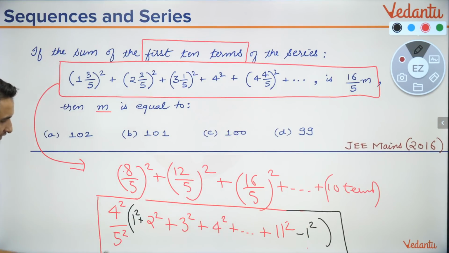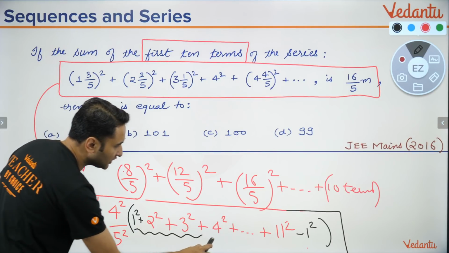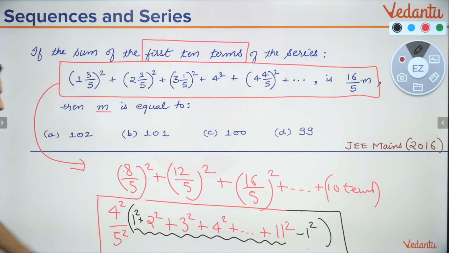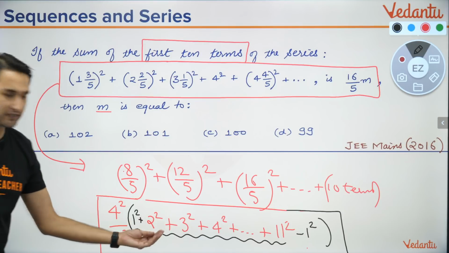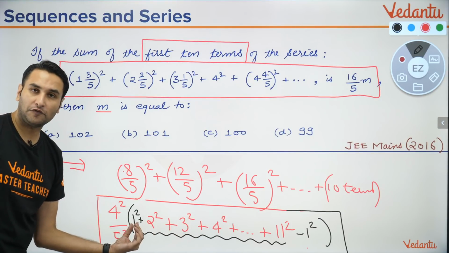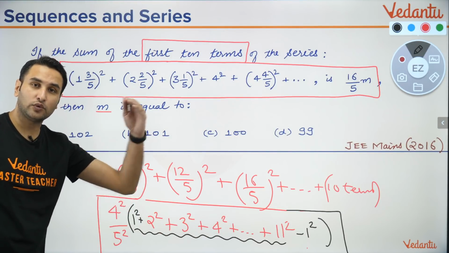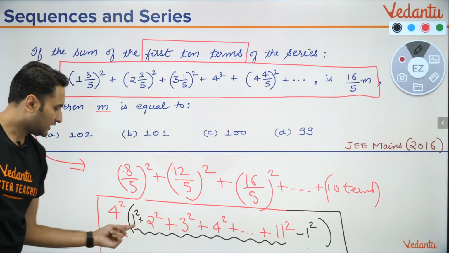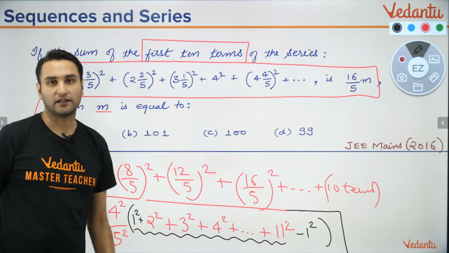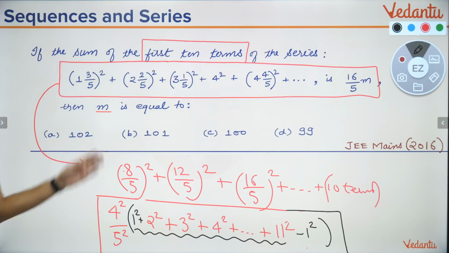Agree? Now this is the formula, the summation of the first 11 terms. सबको पता है? What is the formula of first n terms? n into n plus 1 into 2n plus 1 by 6. In the place of n, put 11. ले हो गया solve. समझ में आया?